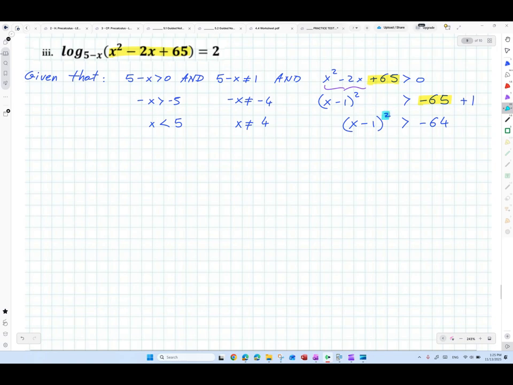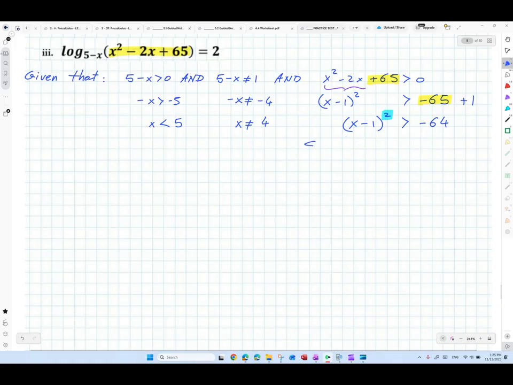If you cross over the square, you will end up having a square root here, but you cannot have the square root of a negative number in the set of real numbers. But it doesn't matter, because in that case, a square is always positive. So necessarily, this will always be true.